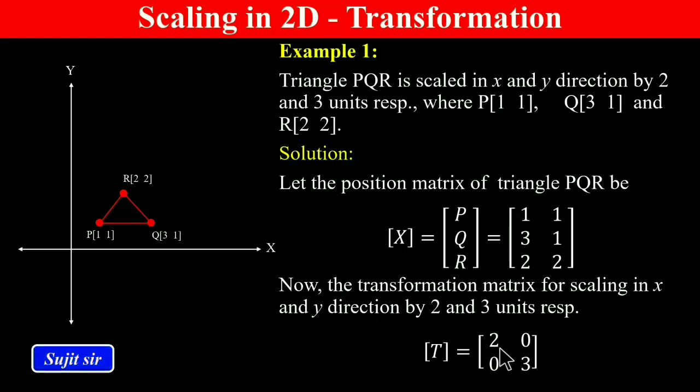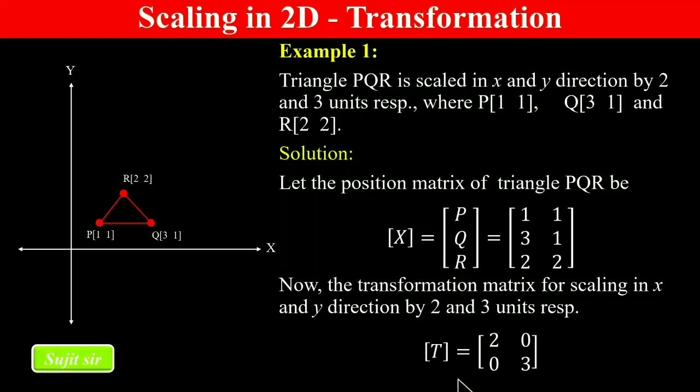So the transformation matrix is 2 0 0 3. So mainly there are two important matrices in this type of example. The first one is the position matrix, which represents the position of the object, and the second one is the transformation matrix, which we have to use on the object. So X and T. Generally the transformation matrix is denoted by T.